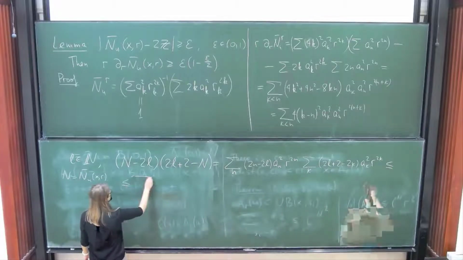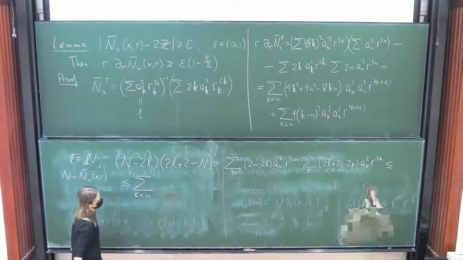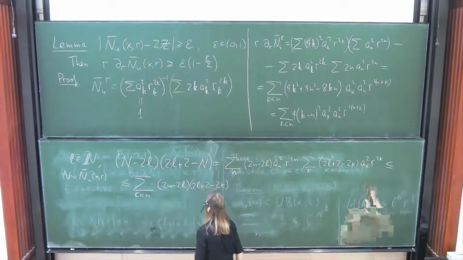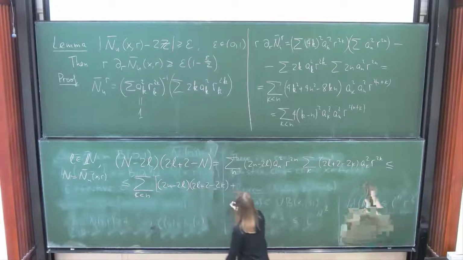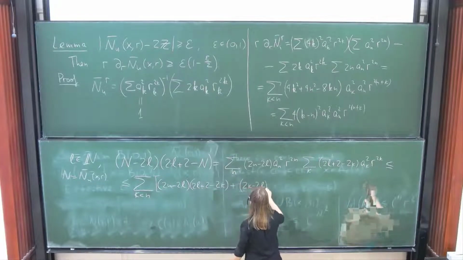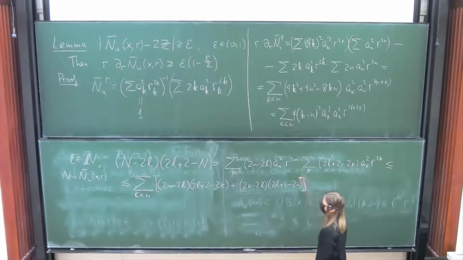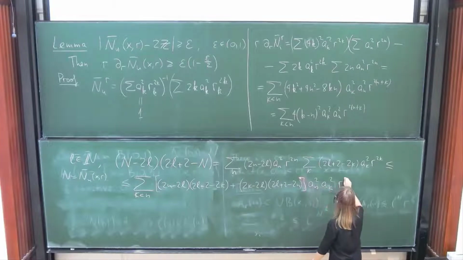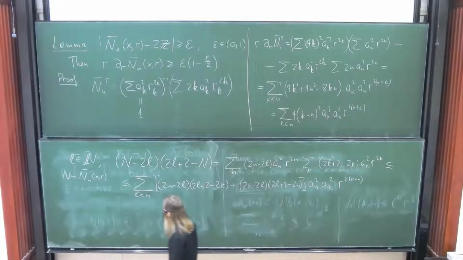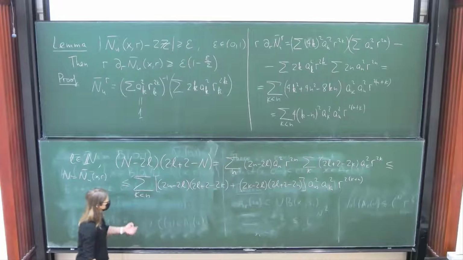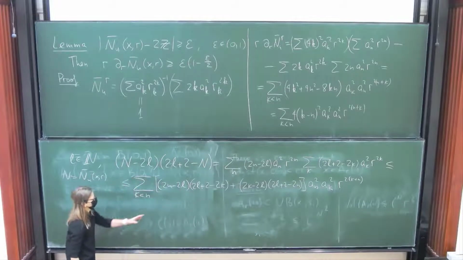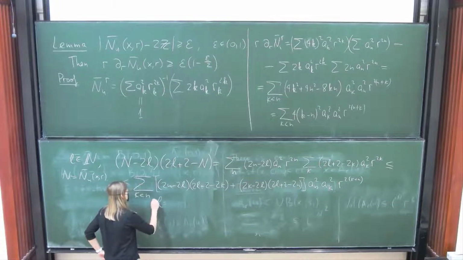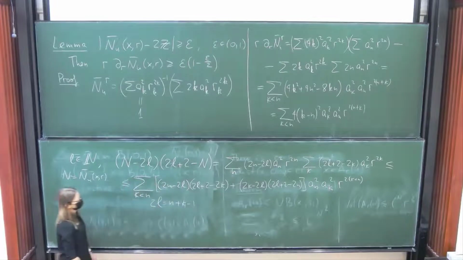And write that this is bounded by the sum where k is less than n, of n minus 2l times l plus 2 minus 2k, plus... and now it's a simple exercise to maximize this product using integer L. You see that to maximize it, you should take L such that 2L is equal to n plus k minus 1.